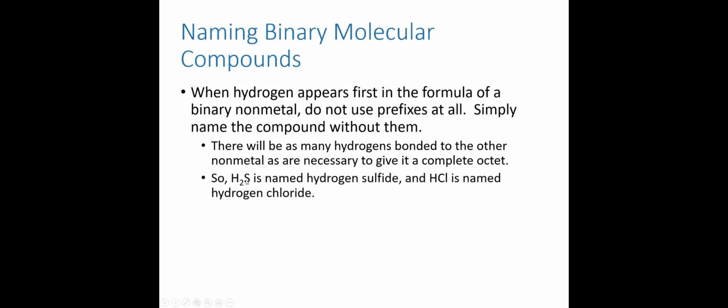For example, sulfur has 6 valence electrons. It needs to get 2 more, and it's going to get exactly 2 hydrogens to accomplish that. And so the name of this compound would be hydrogen sulfide, not dihydrogen sulfide, although technically that might be acceptable. HCl is named hydrogen chloride, not hydrogen monochloride.